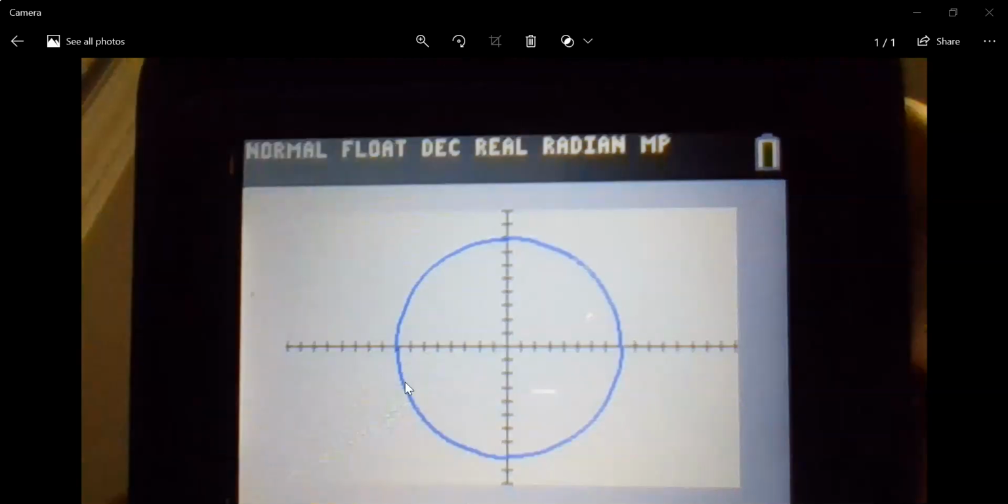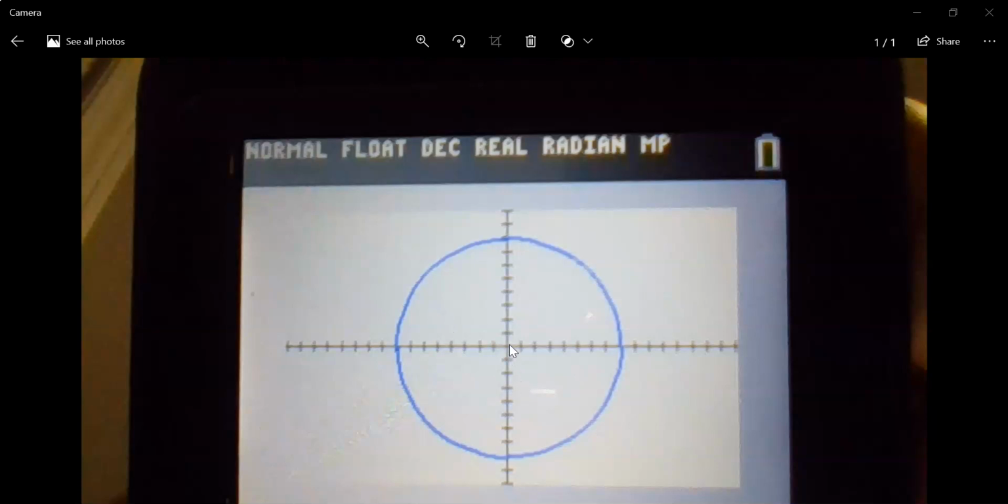So mine gave me this. Now, either way is fine to do. You don't always have to make your circles look perfectly circular, but you should be able to recognize when you get that oblong shape and say, oh yeah, that goes out 8 units on the x, 8 units on the y, so this is a circle of radius 8.